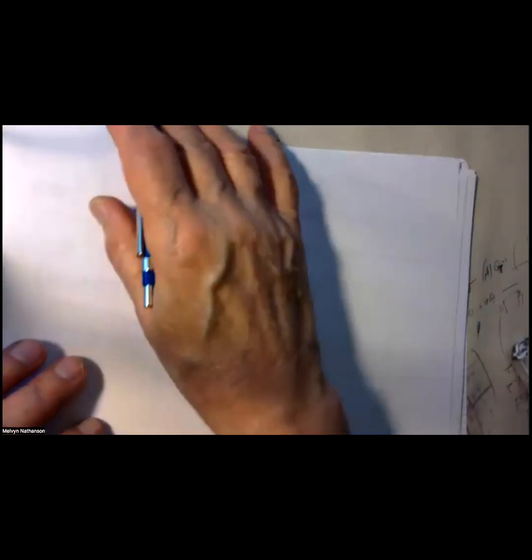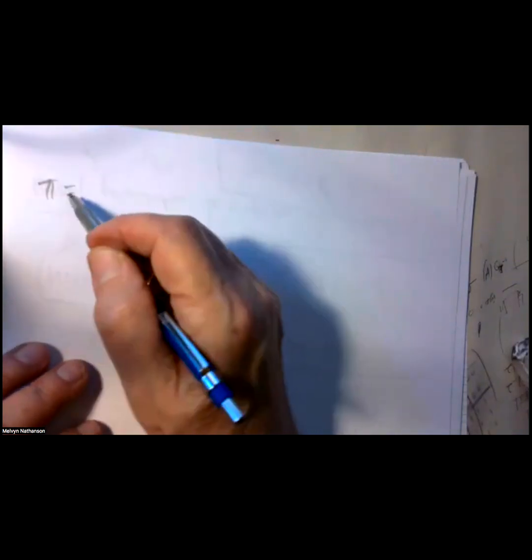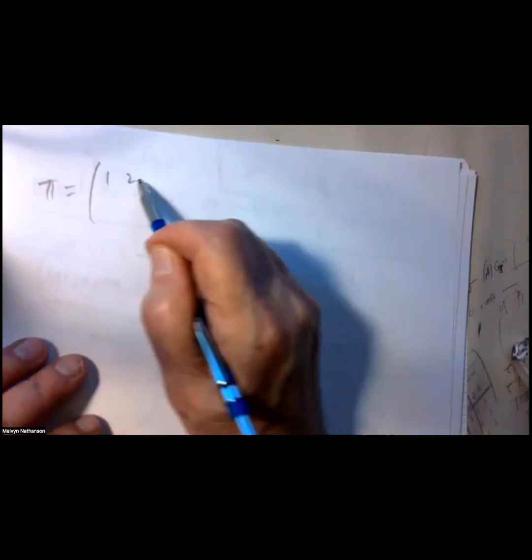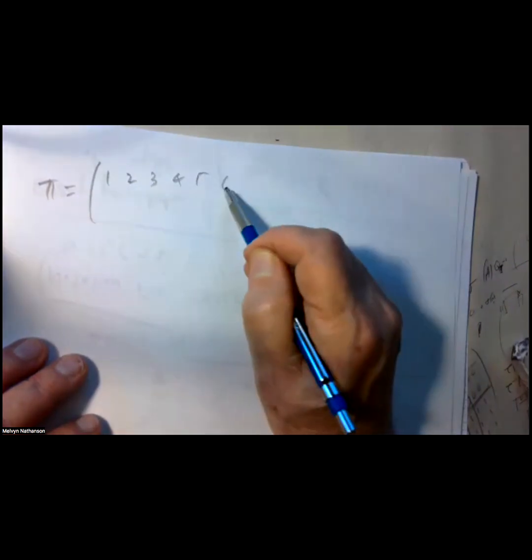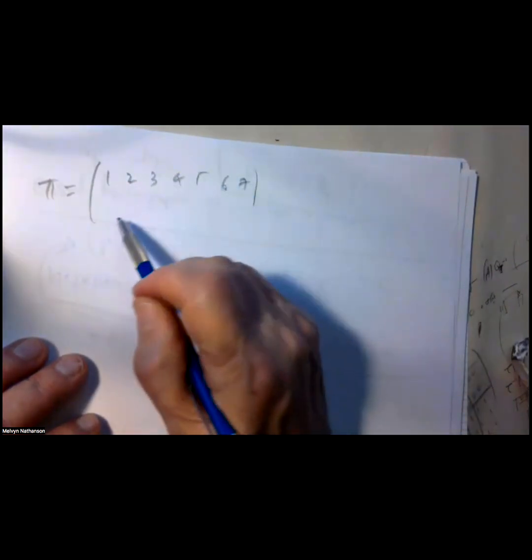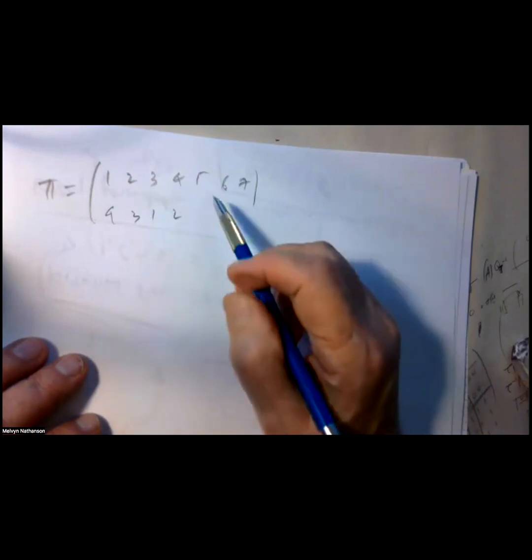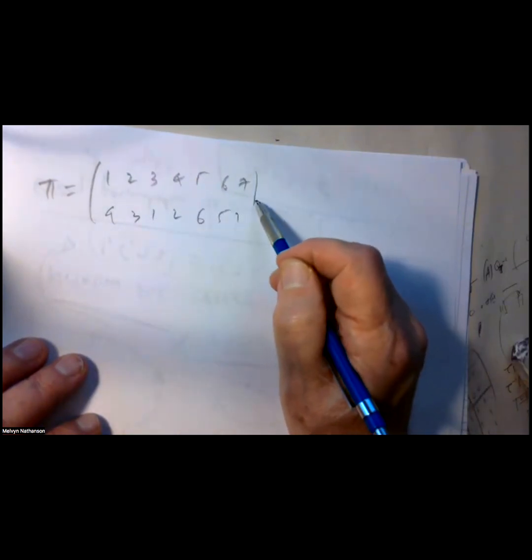So let's look at another example. Suppose I take the permutation, I'll call it pi. 1, 2, 3, 4, 5, 6, 7 goes to 4, 3, 1, 2, 6, 5, 7.